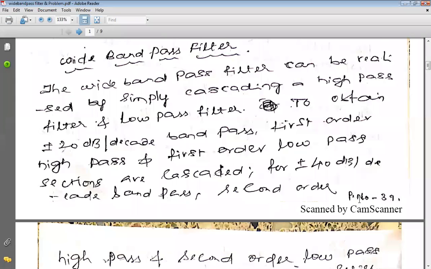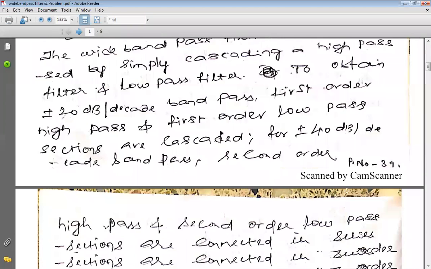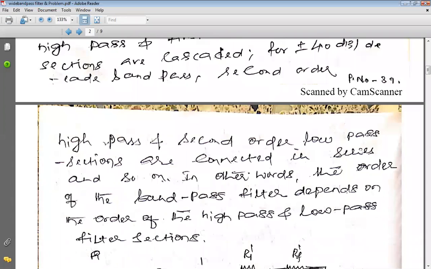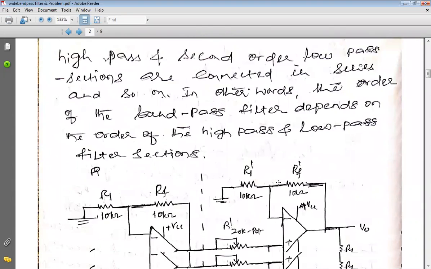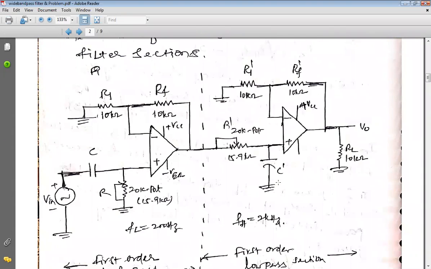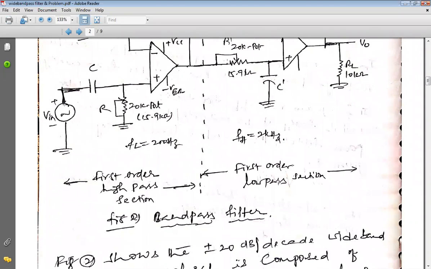Students, we will discuss the wideband pass filter from the last class. In the wideband pass filter, we connect the high pass filter and the low pass filter in cascaded form to pass the frequencies from 200 hertz to 2 kilohertz.